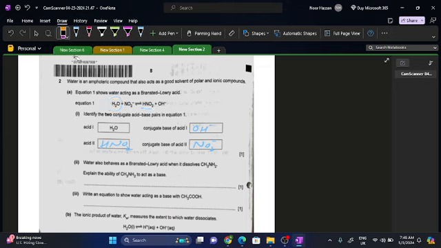Second, water behaves as a Bronsted-Lowry acid when dissolved with CH3NH2. Explain the ability of CH3NH2 to act as a base. You have to write down the reason.